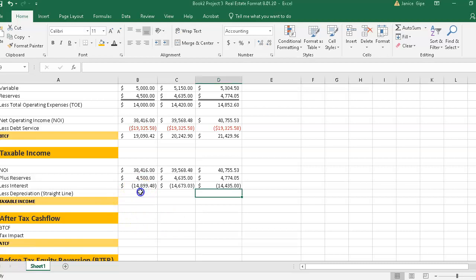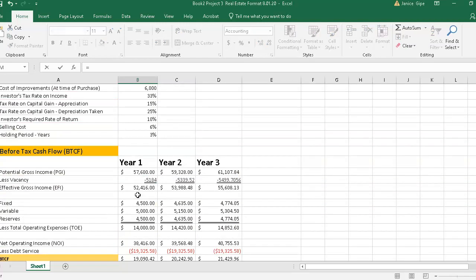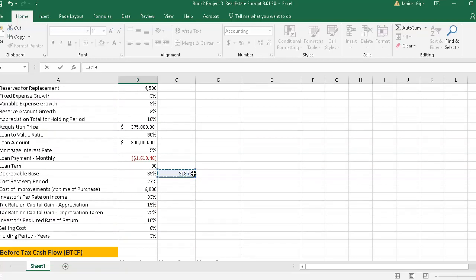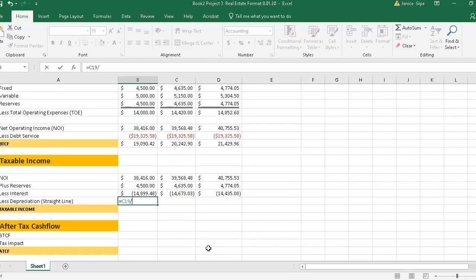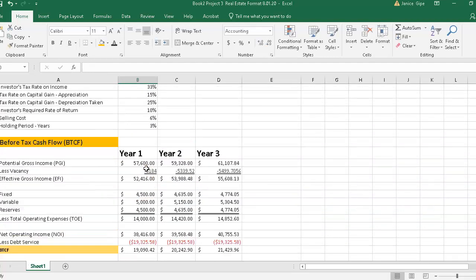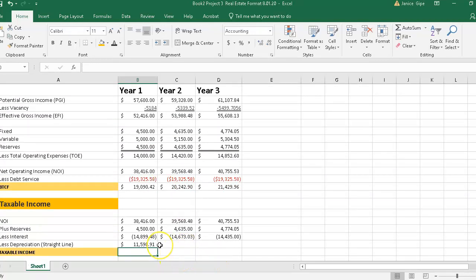To get the depreciation amount, you take the depreciable amount, which is 85% of the original acquisition price, and you divide that by the 27.5, which equals $11,591 or $90.91, and that is the amount that you'll use for each year.